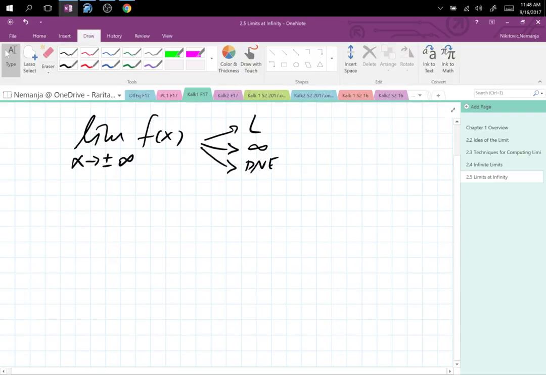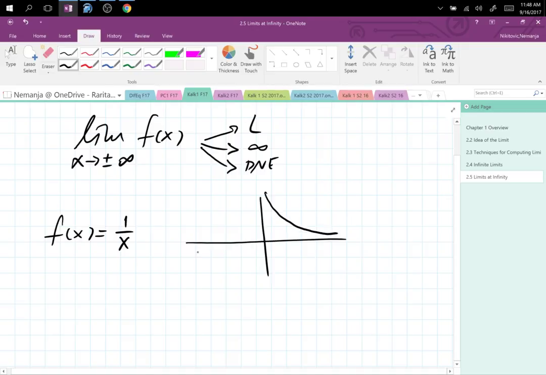So we go back and we consider our function 1 over x. We also realize that limits give us the y value. And when we draw the graph, we can consider the question: limit of 1 over x as x goes to positive infinity.